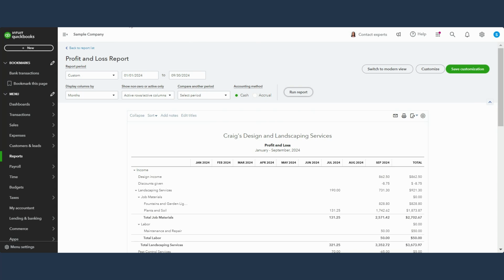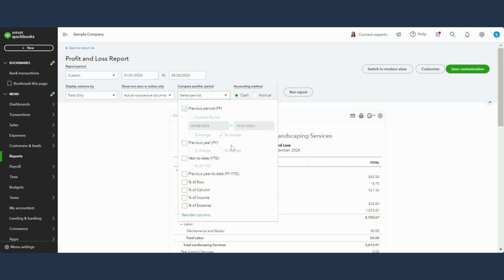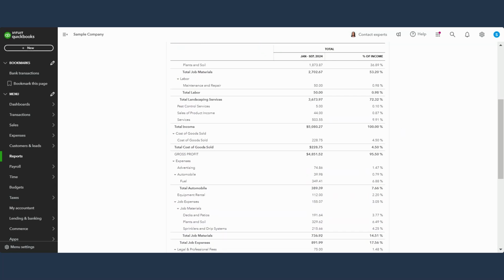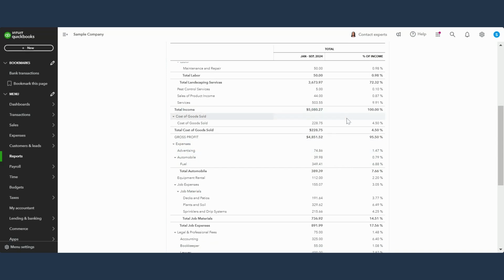Now, another way to do it is to go to totals again, and you can look at the percentages. Okay, so what percent of your income is being spent on what type of expense? You can analyze here.